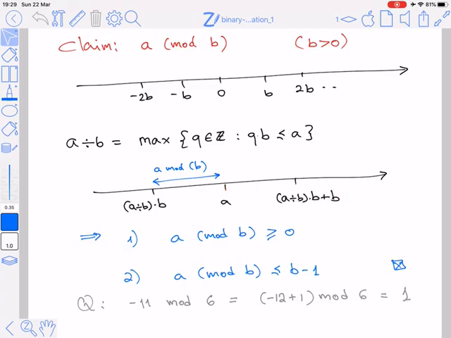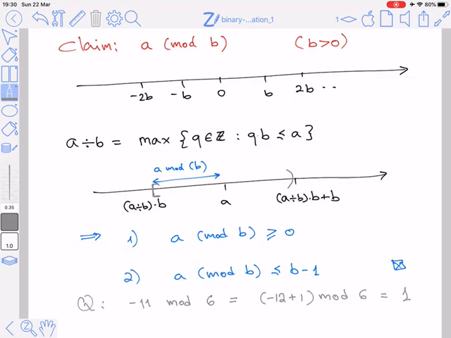In fact, a falls in the half-closed, half-open interval. Let's emphasize this fact. So a has to be greater than or equal to a divided by b times b and strictly less than a divided by b times b plus b. Okay. So this is the interval we're focusing on, and a can be anywhere in this interval.